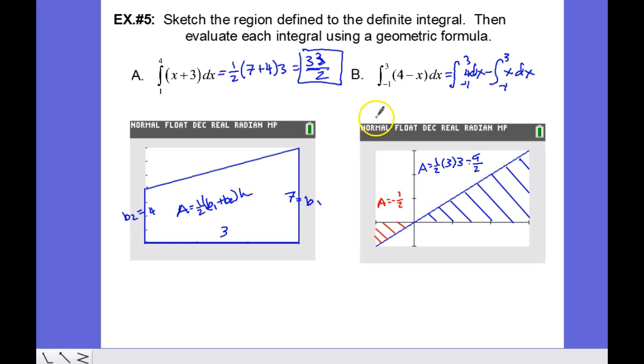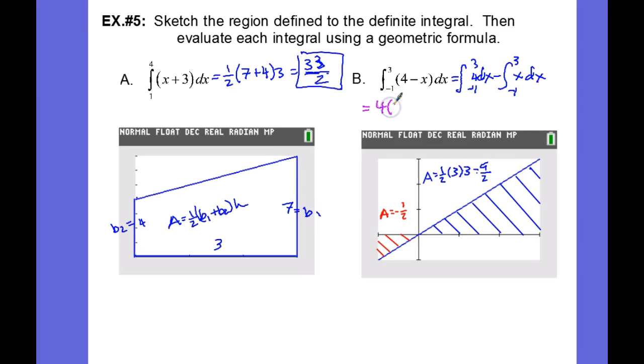So now we can calculate the value of our integral. The left integral, negative 1 to 3, 4 dx, is going to be 4 times 3 minus a negative 1, that's the same as plus 1, minus the value of this integral. And I'm going to open brackets, because this includes a difference itself.